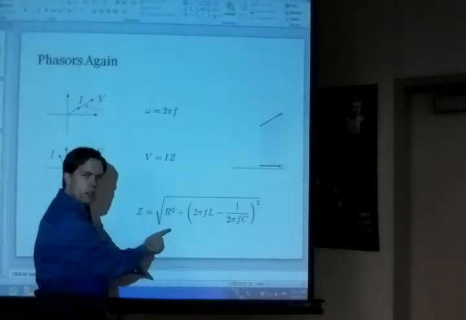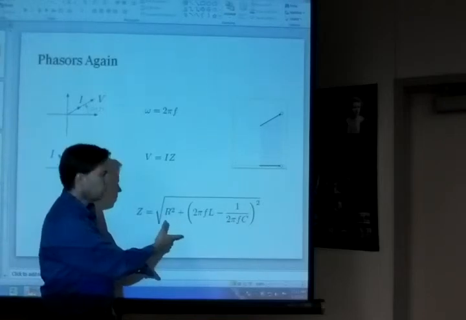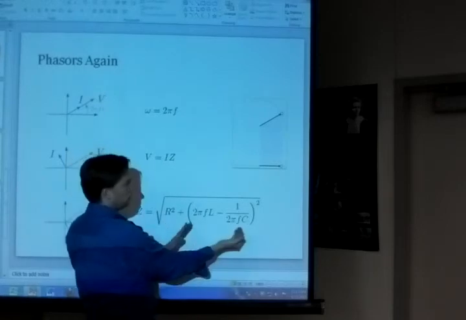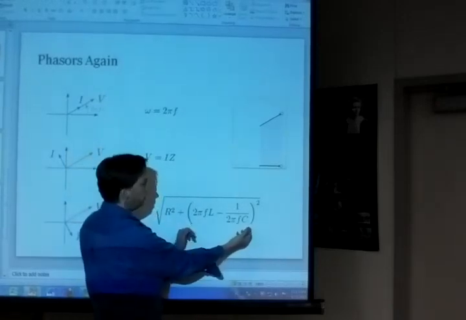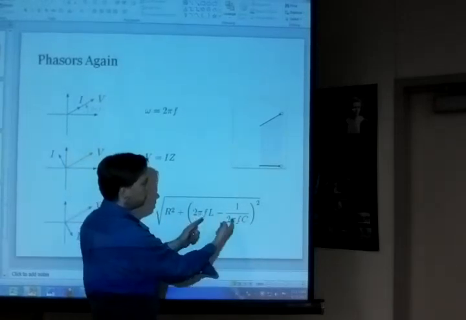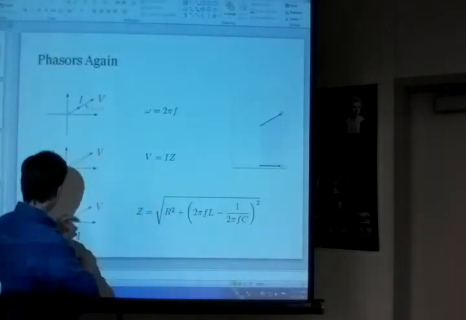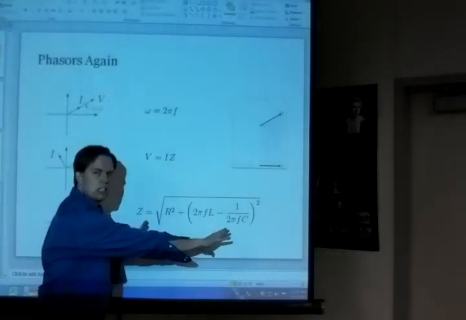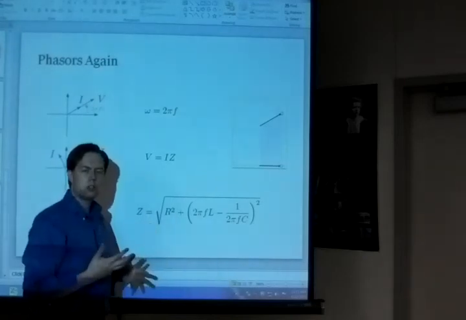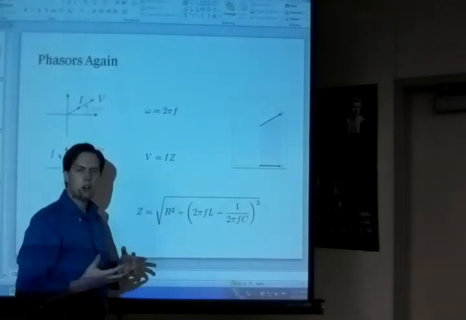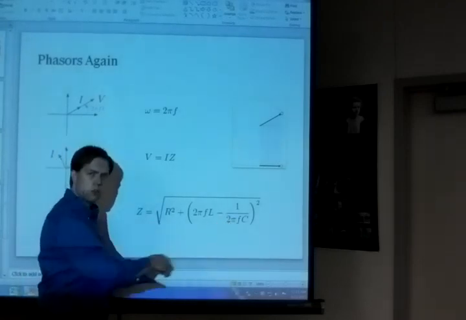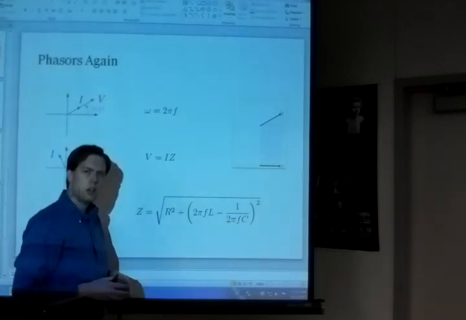And that's where this formula comes from. You can see I've got the resistive component here, and I've got the reactive component here, and the capacitor and the inductor oppose one another because of this nature. And so this is just an example, you know, for different combinations of elements. We'll have a different formula. This is the formula for an RCL circuit in series.